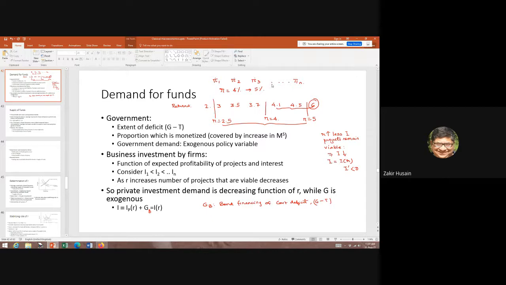This will lead to an increase in money supply. Apart from monetization, the government can also issue bonds. So they issue bonds, people purchase the bonds, and the proceeds of the bond sale comes to the government. Right? So this comprises demand for funds.